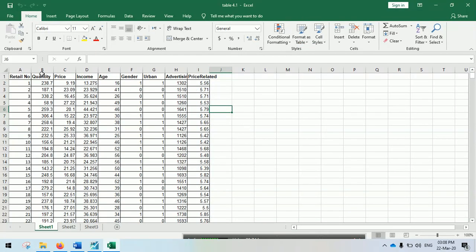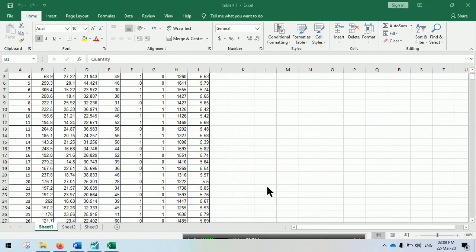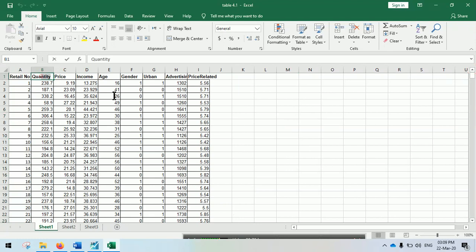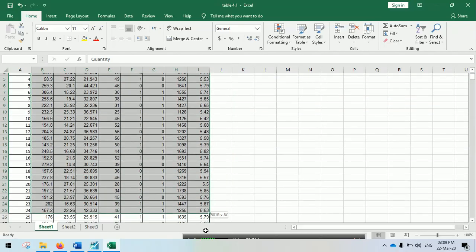Okay, so I don't need the row numbers, so I come from here, quantity, and select. Something is wrong with the mouse.